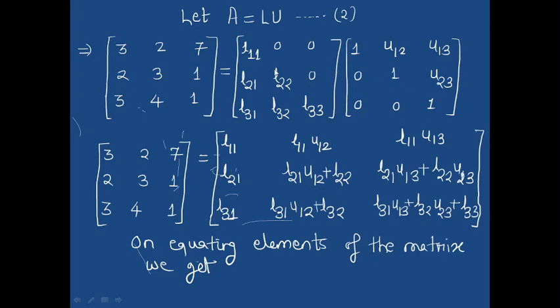Let's multiply these two matrices as per matrix multiplication. We will have such a resultant matrix. Recall how to multiply matrices: take the row of the first matrix and multiply it with the corresponding column of the second matrix. So first row, first column: L11 into 1 plus 0 into 0 plus 0 into 0.